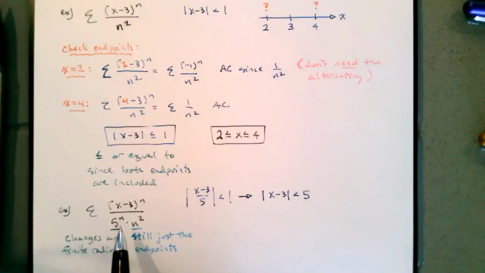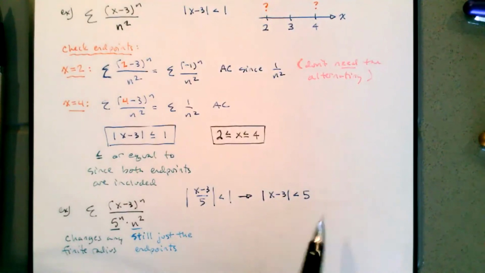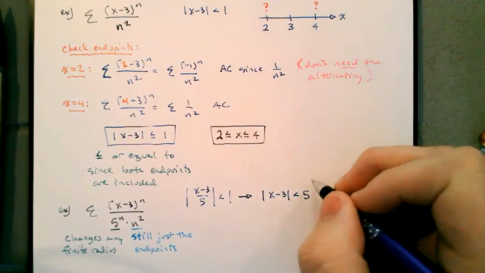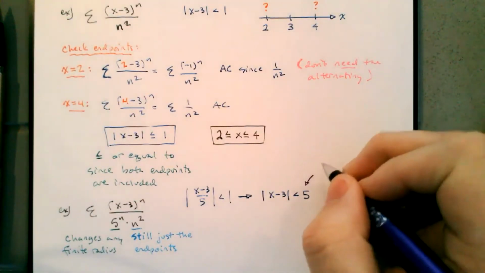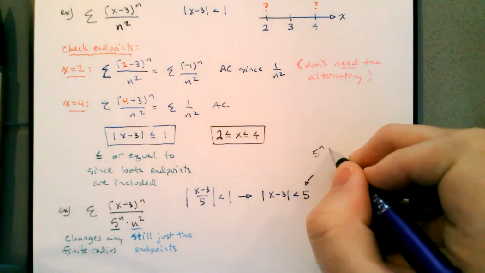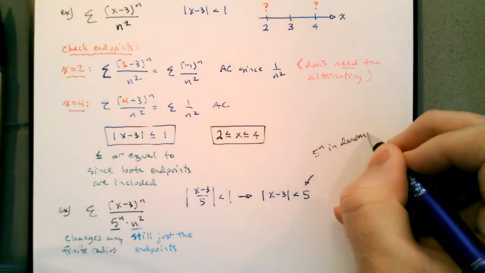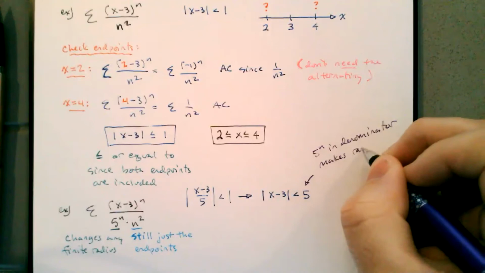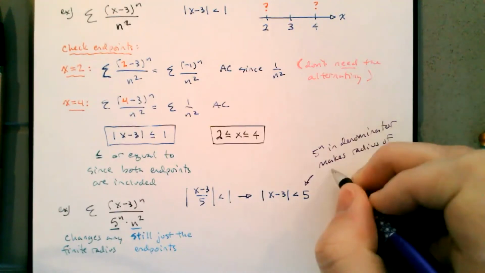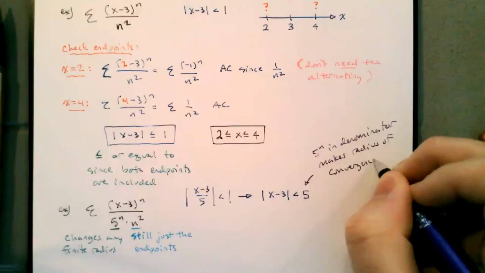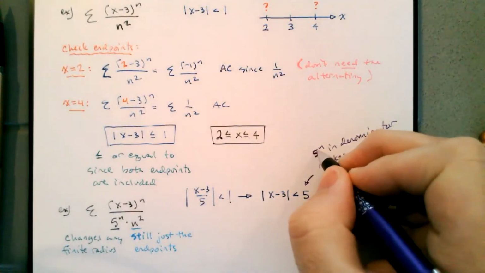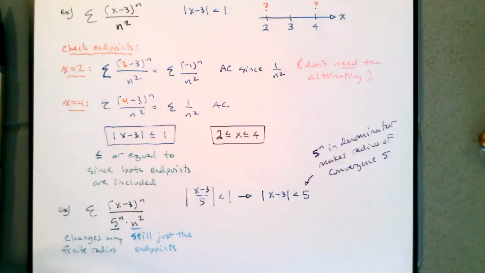A 5 to the n in the denominator made the radius of convergence equal to 5 when we solve for the absolute value of x minus 3.